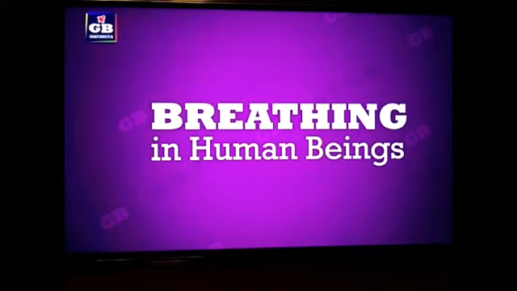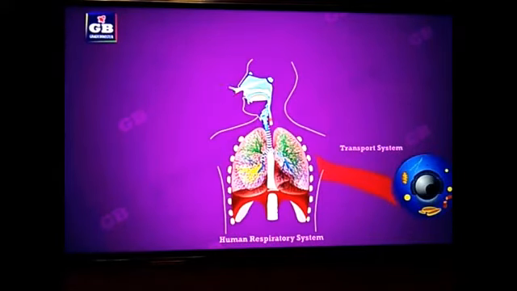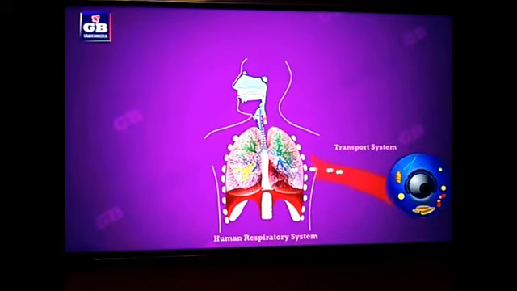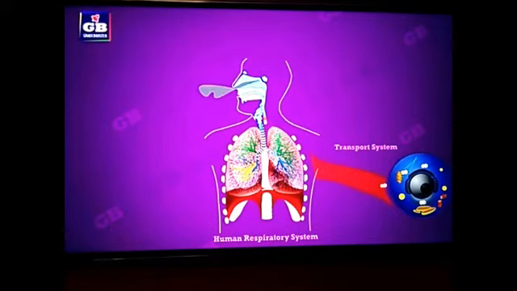Breathing is an essential part of respiration. It allows organisms to obtain oxygen from the surroundings. Human beings have a well-developed respiratory system to absorb oxygen from the atmosphere. Let's see the structural and functional details of each part of it.